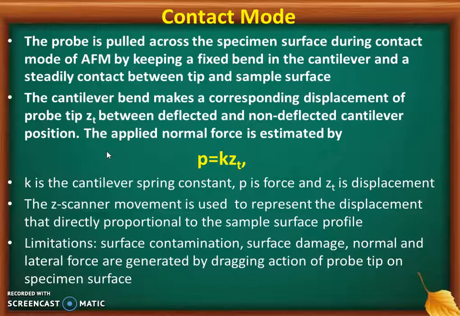The applied normal force is estimated by Hooke's law, P equals K times ZT, where K is the cantilever spring constant, P is force and ZT is displacement along the z-axis. The z-scanner movement is used to represent the displacement that is directly proportional to the sample surface profile.